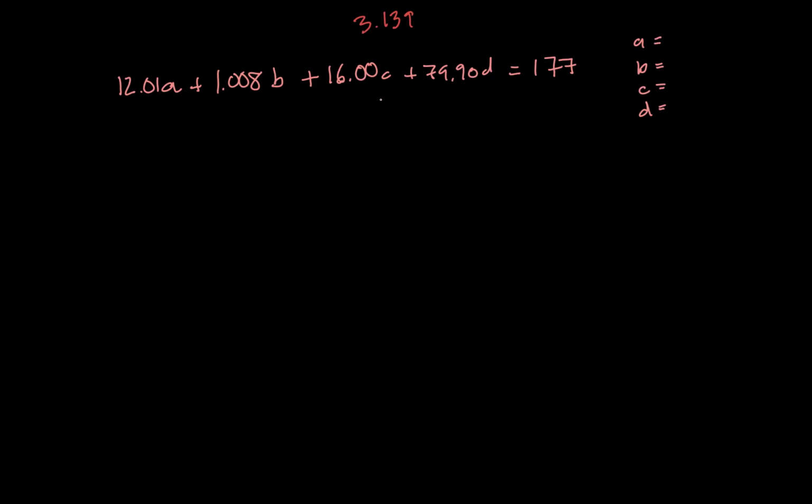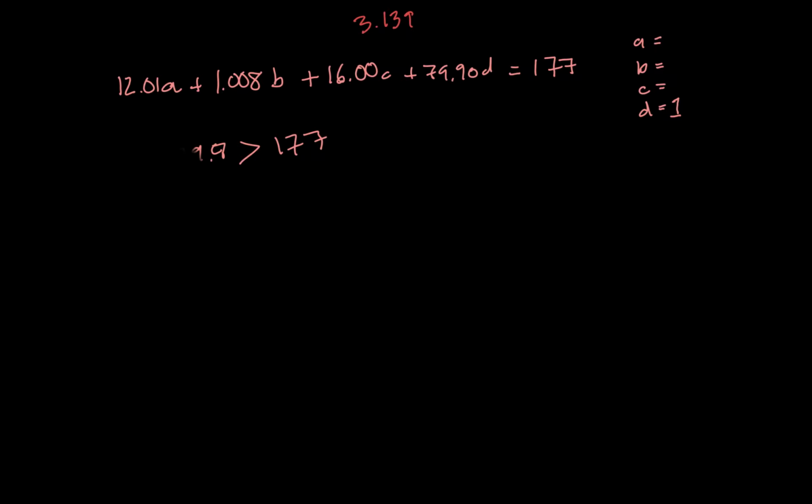Usually, when you have questions like this, there's one that you can solve for right off the bat, and it's usually worth looking at the heaviest one to make sure that you can actually fit more than one of these in there. In this case, we see this is not the case. So we know that D has to equal 1, right? We know that because 2 times 79.9 is a greater value than the entire molar weight of the whole compound.